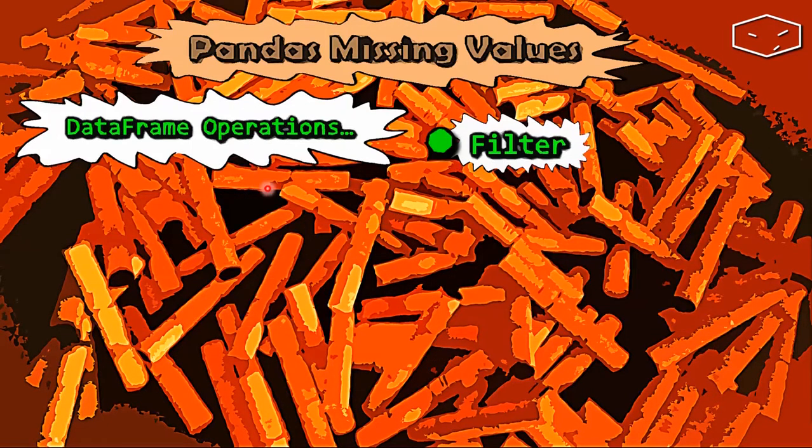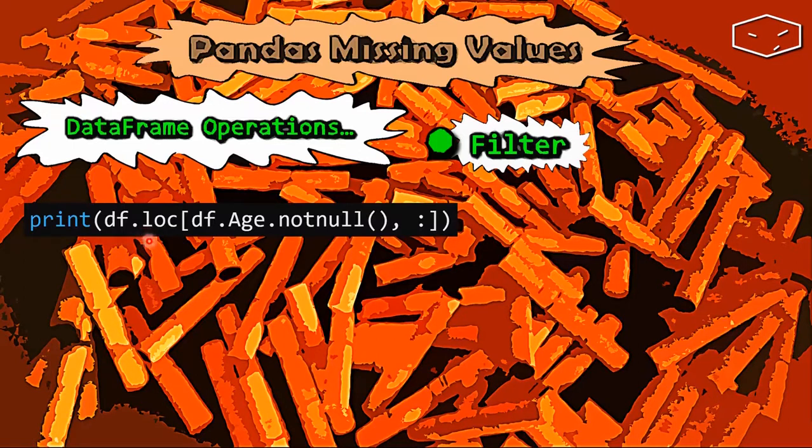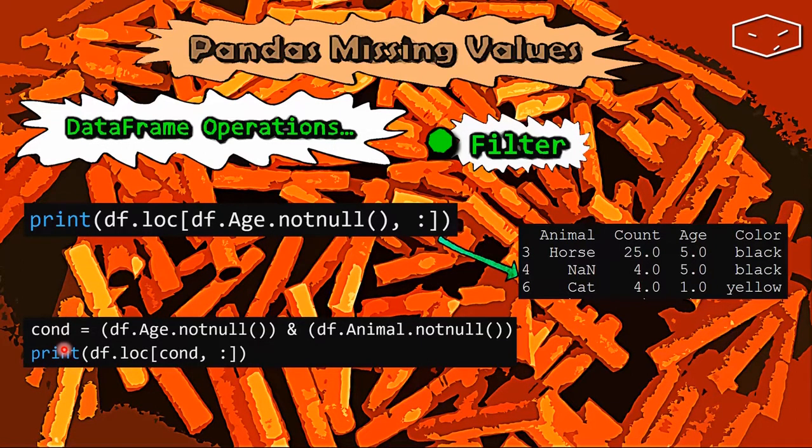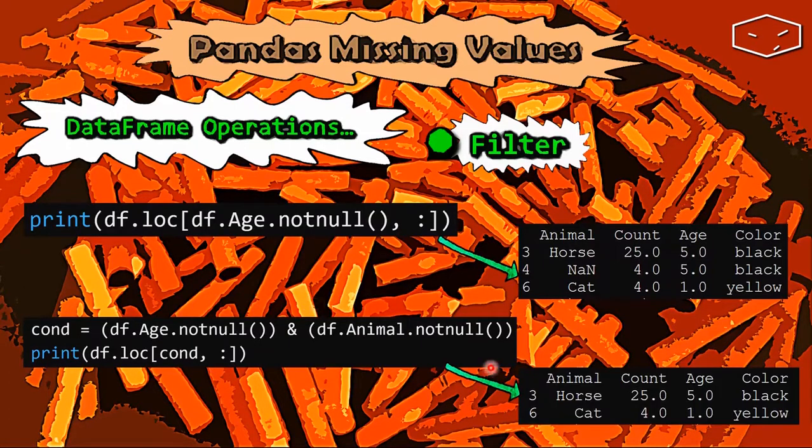About data frame operations, we can filter by using the loc function, and in this case accessing the column age to check for not null values, and with this we will get something like this, okay? Also, we can do some conditions, so we can combine other columns and we will get something like this. In this case, we don't have the row 4 because in the animal column we have not a number.